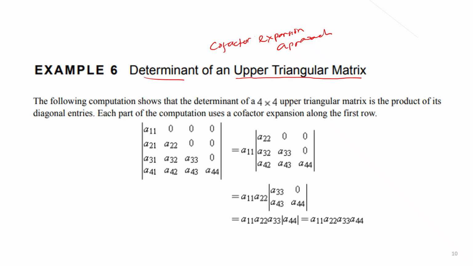That's the wise way to choose the cofactor row or column.